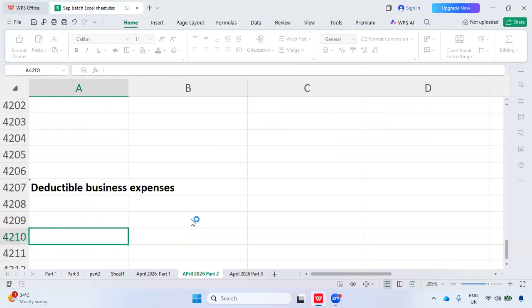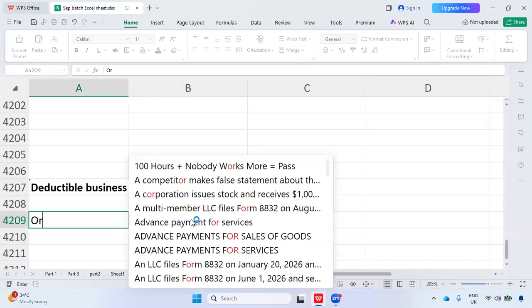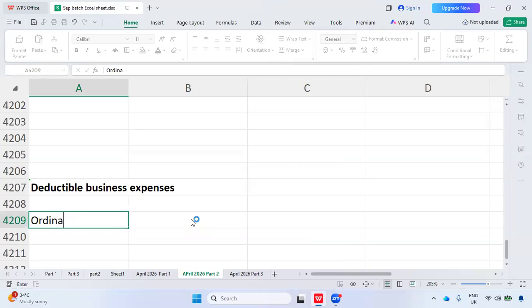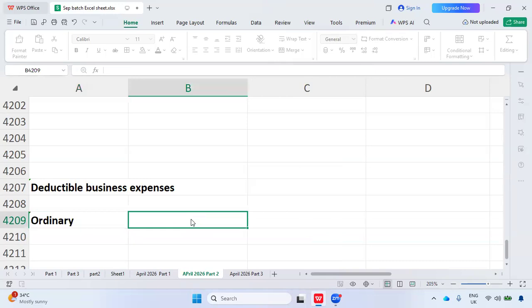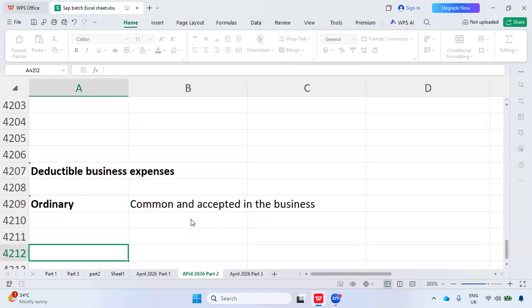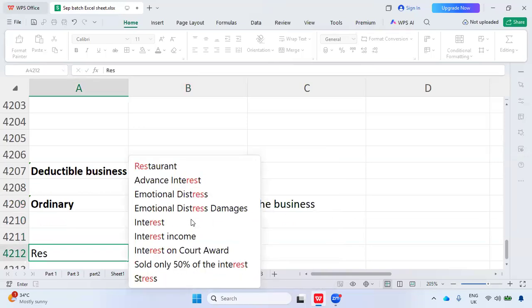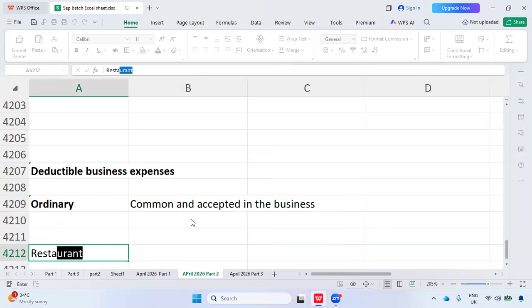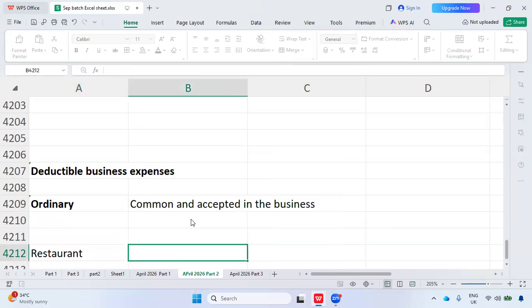For a business expense to be deductible, the first requirement is that it must be an ordinary expense. Ordinary means common, very common, and accepted in the business. Let's say a restaurant purchased one airplane and one ship.